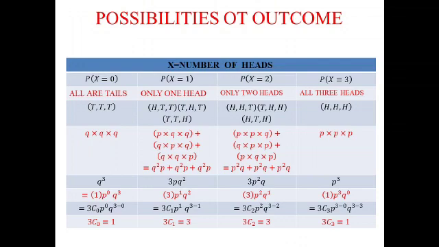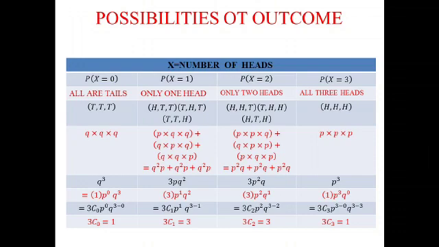Likewise, it is QPP and PQP for the second and third sample points respectively. So the total is equal to 3p squared q. That is 3 into p power 2 into q power 1, that is 3C2 into p squared into q power 3 minus 2.